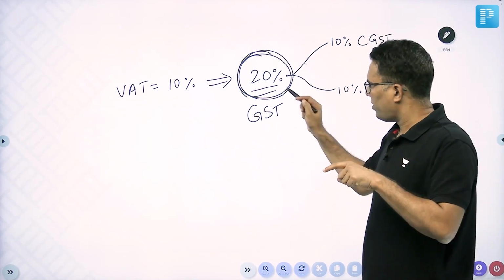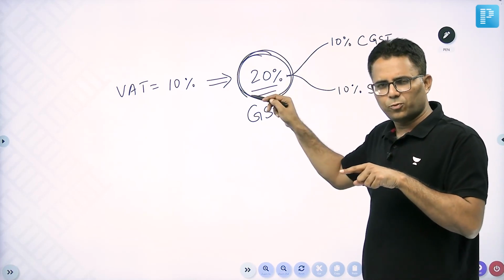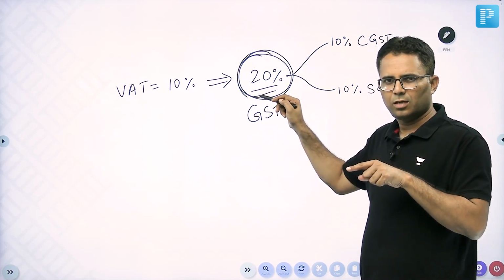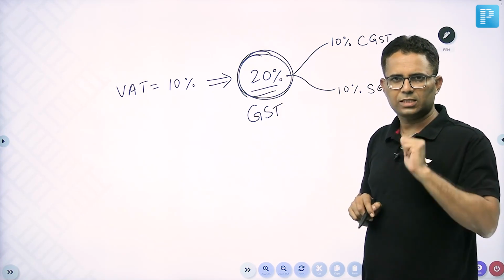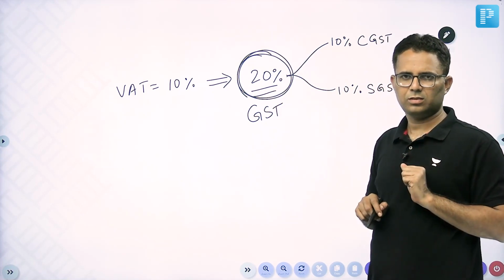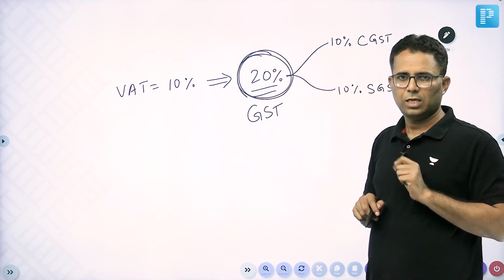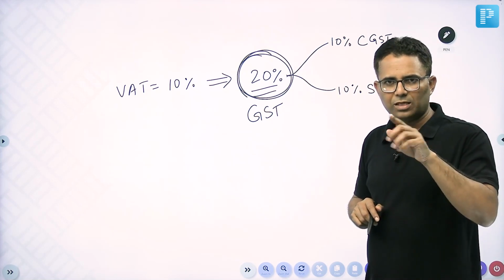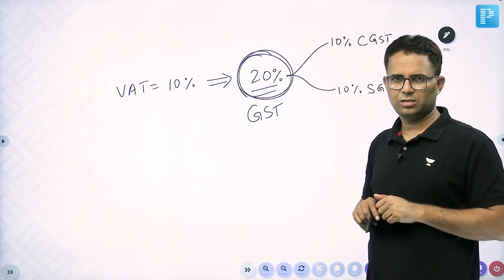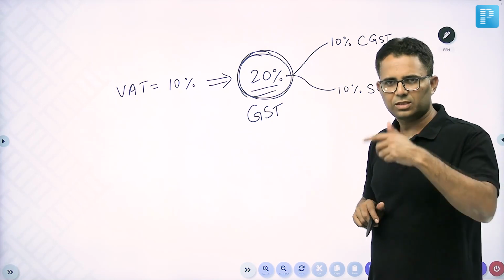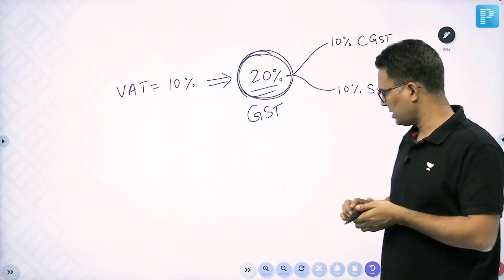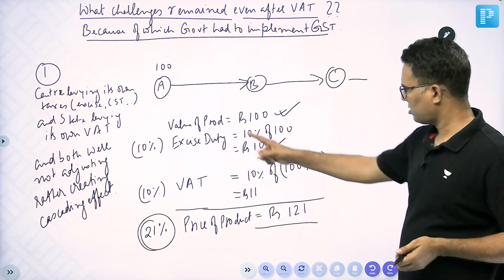And now when 20% GST is imposed, it does not create a cascading effect. Taxes are not being levied separately as such. First center and then states, that was creating the cascading effect you just saw.